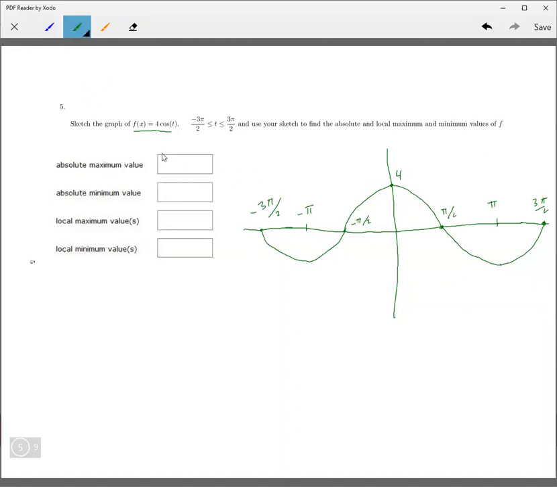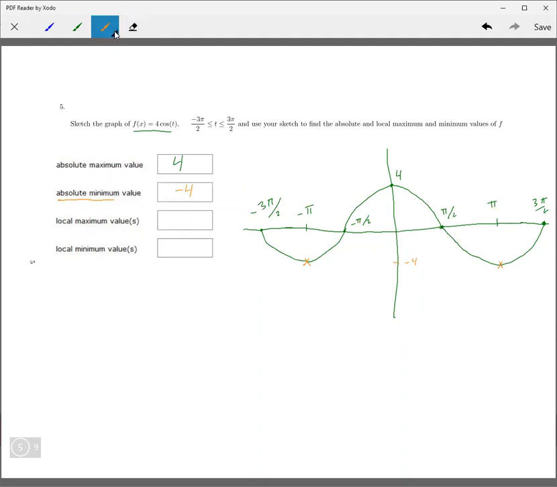Okay, so the absolute maximum value is 4. It occurs when x equals 0, or t is 0. Okay, absolute minimum value, that one is going to be these two values here, which are negative 4.